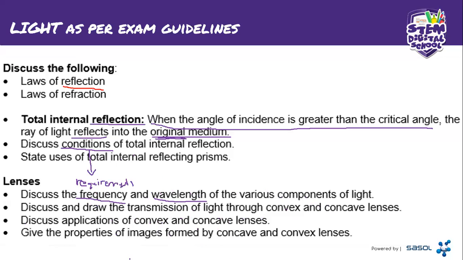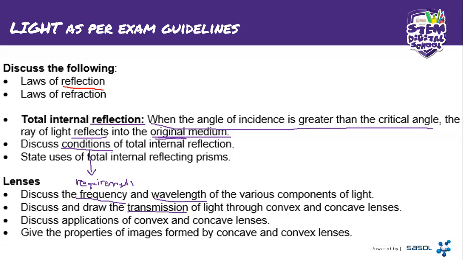So this is where we are going to look at an object and the light rays coming from the object going through a convex lens or a concave lens up until an image is formed. And from that, we want to understand the properties of the image that would have been formed by the convex or the concave lens.